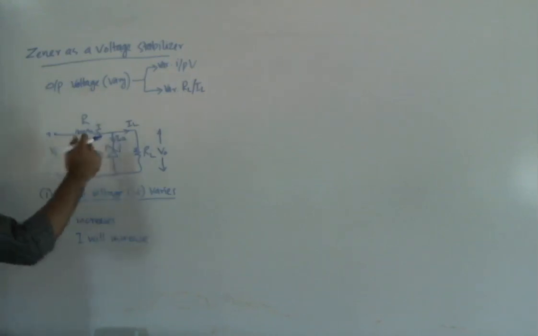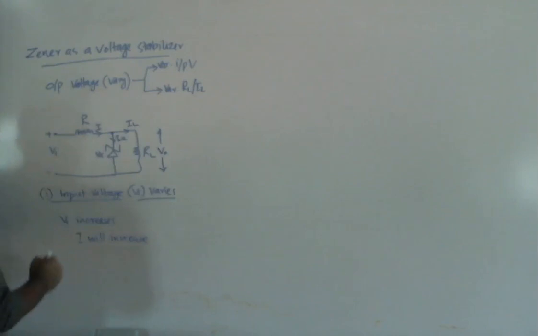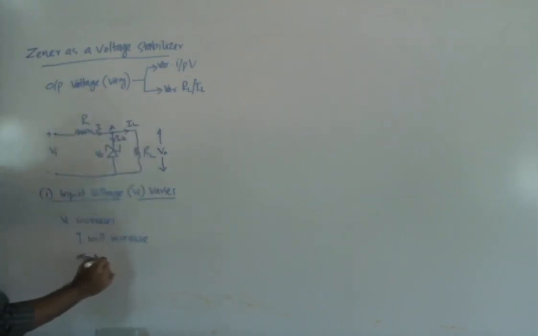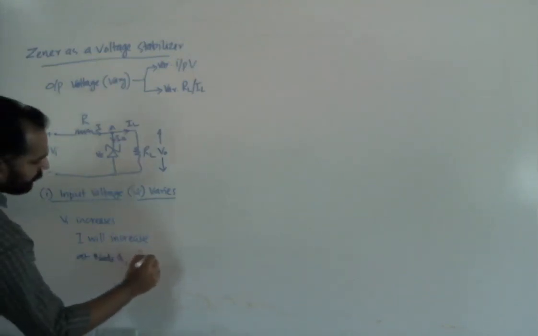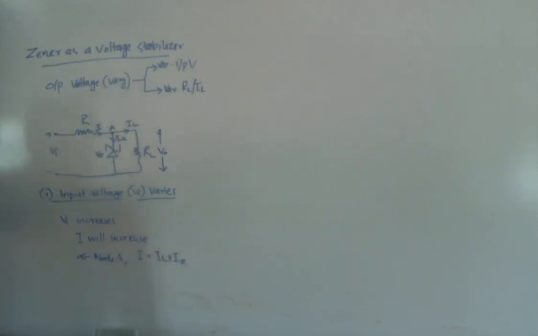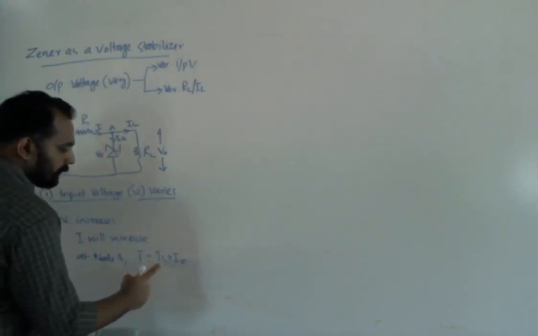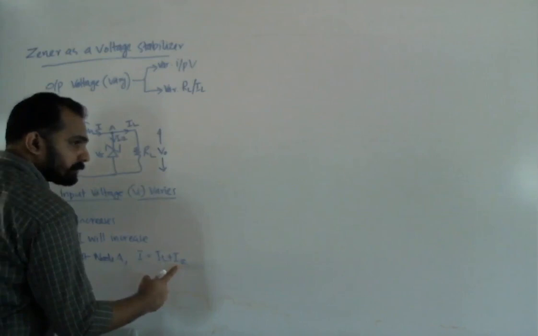If you apply Kirchhoff's current law at this node, let's call it node A, I can write I is equal to IL plus IZ. When Vi increases, I increases, so there is a chance of IL increasing or of IZ increasing.